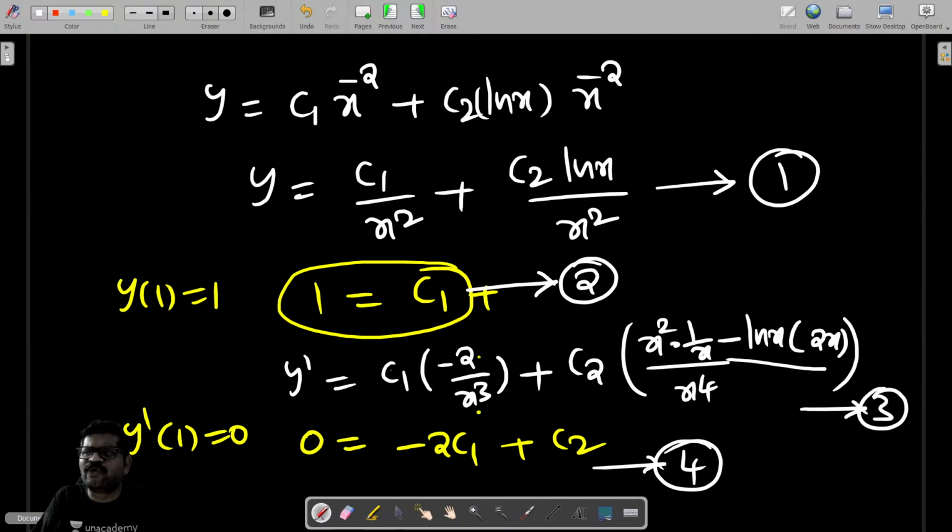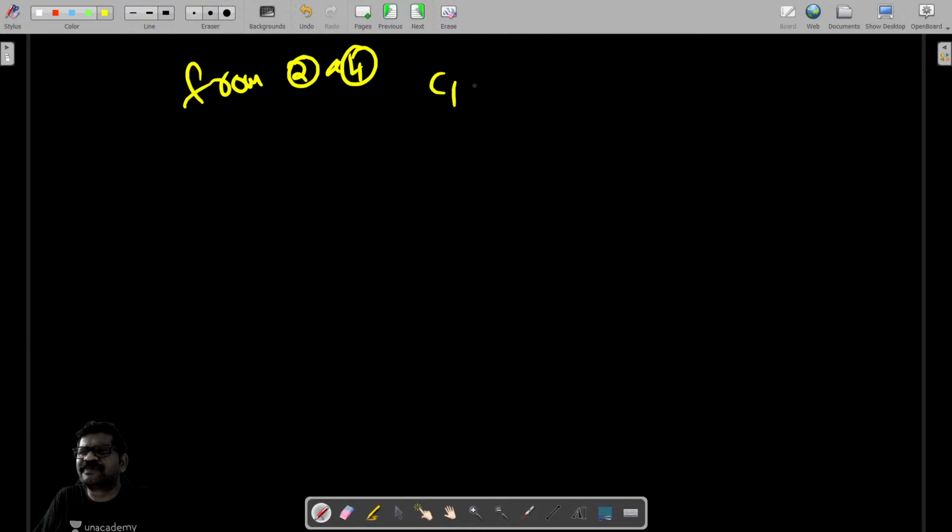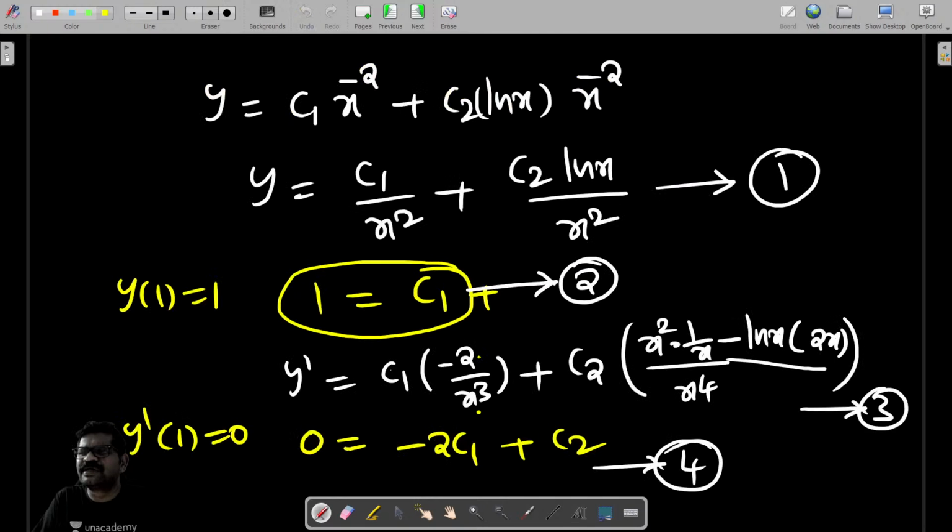From 2 and 4 we can get the values of c1 and c2. From 2 and 4, c1 is 1, c2 is 2.